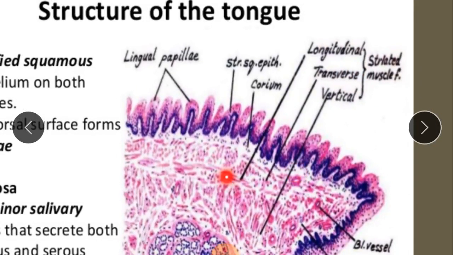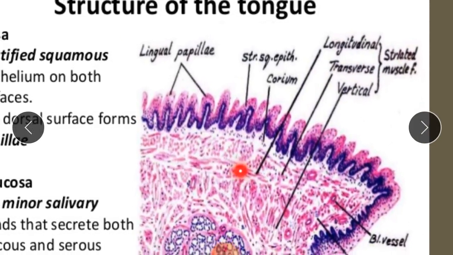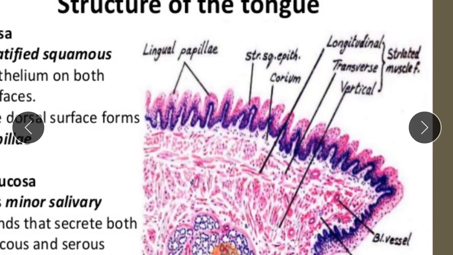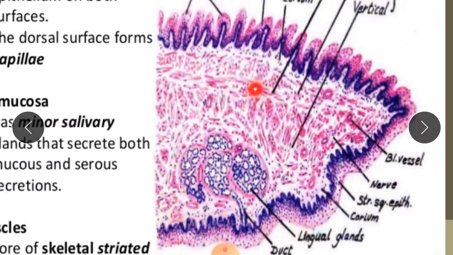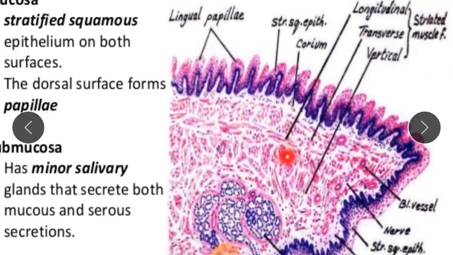So these are longitudinal striated muscles, transverse striated muscles, and these are vertical striated muscles. The central part is mainly composed of muscles.